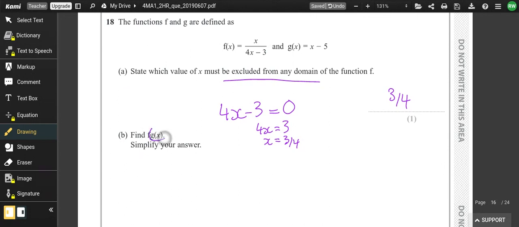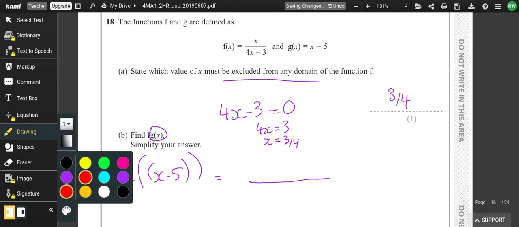Find fg(x). So we're going to do g(x) first, x minus 5, and we're going to put that into f. So wherever you see an x, you replace it with x minus 5. So I'm going to have x minus 5 over 4, I'm going to replace the x with x minus 5, and then have a negative 3.